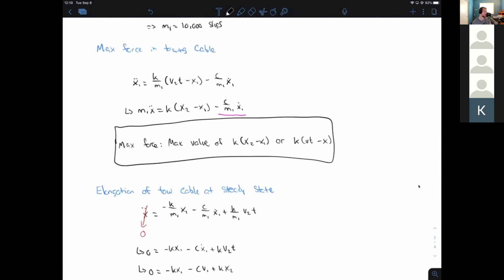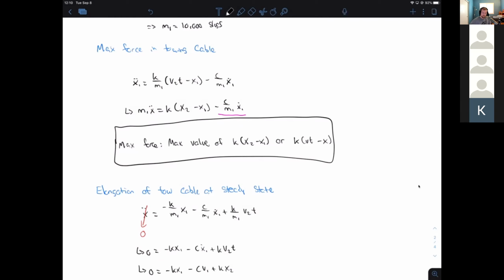The maximum force is going to be the maximum value that we get for k times our elongation. But of course, our velocity is changing over time, so that's going to occur at a specific point in time. That's going to be close to time t equals 0, but not quite. So we have our expression to solve for this, but basically we need to model this inside of Simulink to actually solve for it.